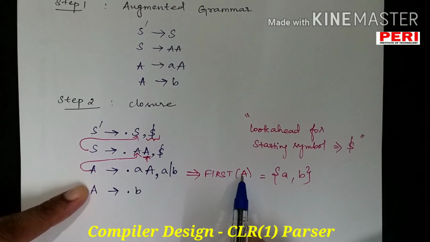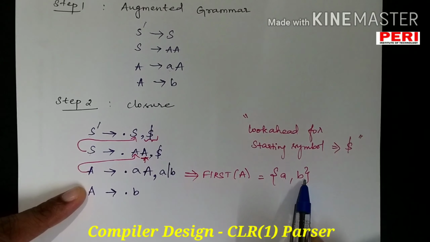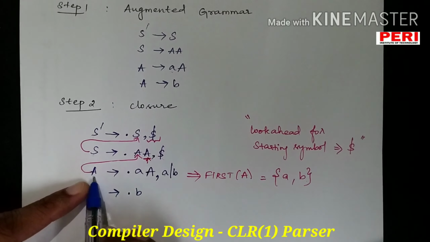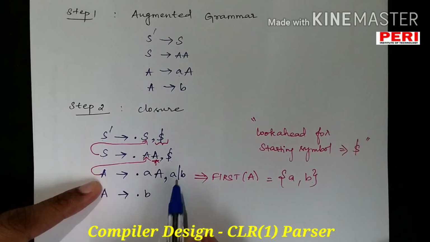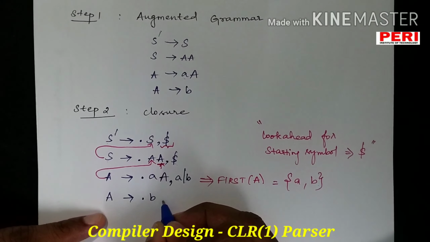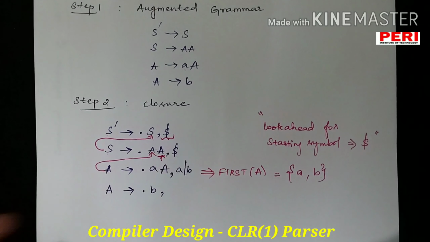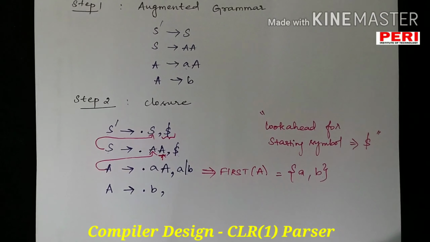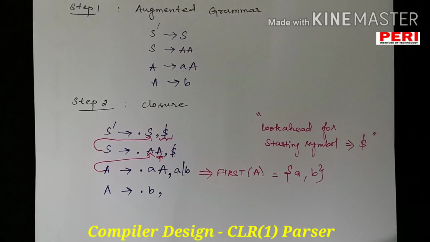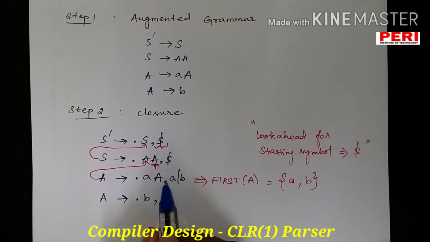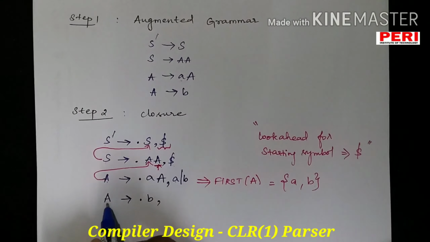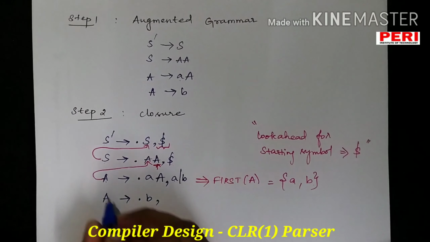Therefore, I'm finding its first. The first of A is a comma b. Therefore, a comma b comes as my look ahead for this capital A. Similarly, we have to find the look ahead for this A also. Here also it is the same case. These two are A non-terminals, the A productions.